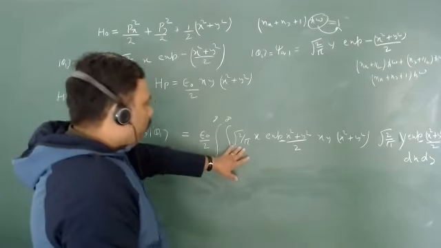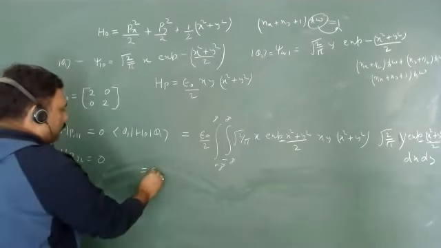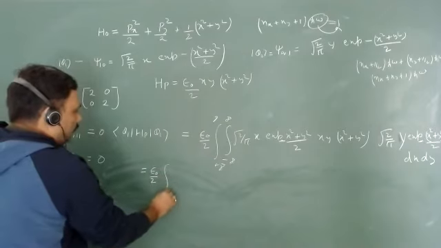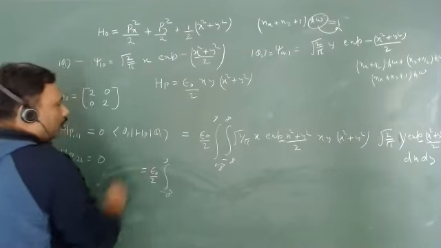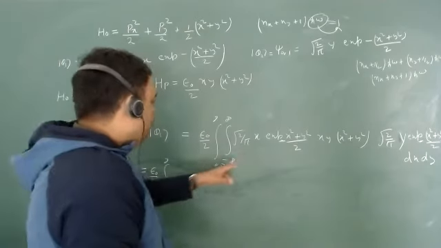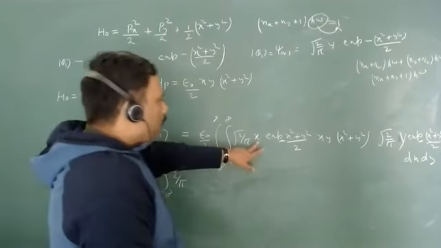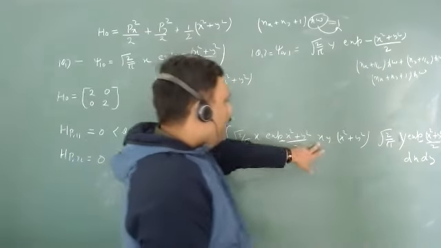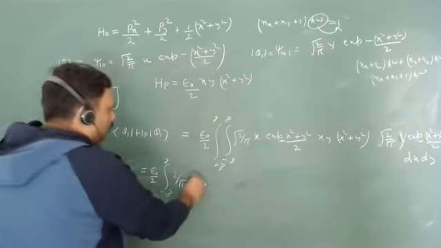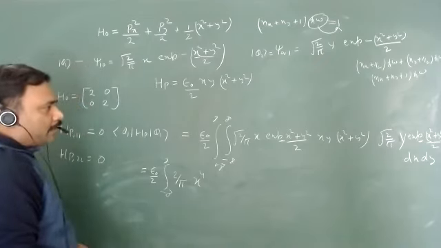So I can keep root under 2 pi. Again we will go in the same way. So epsilon naught by 2, we have minus infinity to plus infinity. So this is 1, 2. So we have 2 upon pi. We have this x, this x, this x square. So what we have is x to the power 4, isn't it?